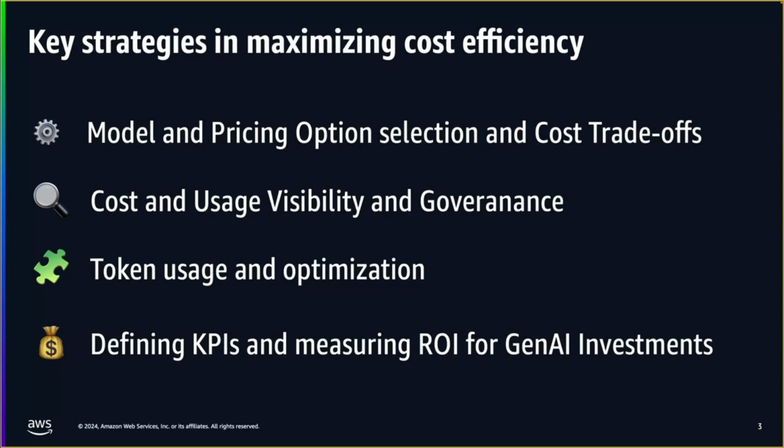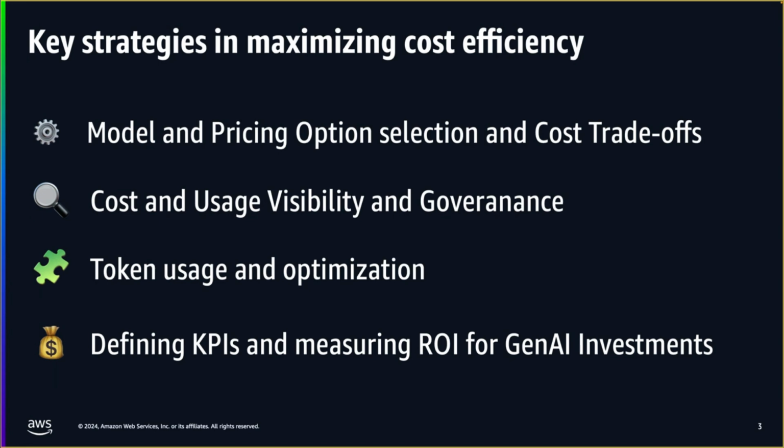One of the most important parts is that you need to define measurement criteria for success of the project. How you define the KPIs, how you define and measure your return on investment for generative AI investments. It is crucial to set those criteria and make sure that everyone in your organization involved in generative AI workloads understands them. We are going to cover this also later in the presentation.